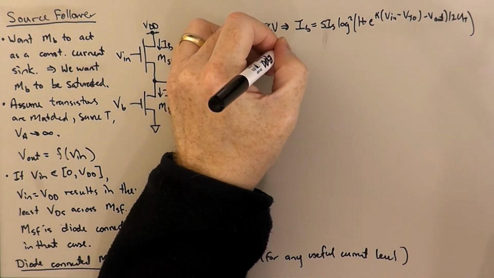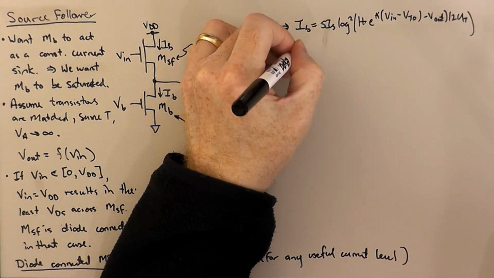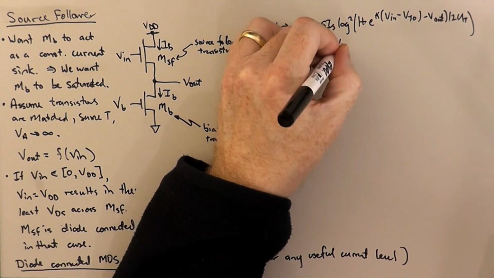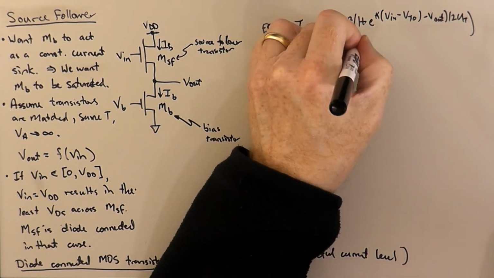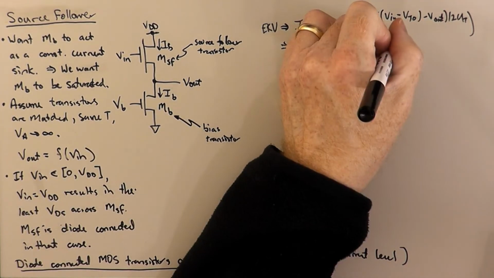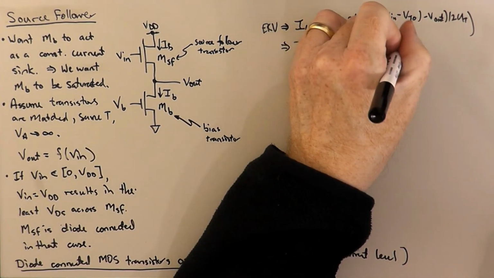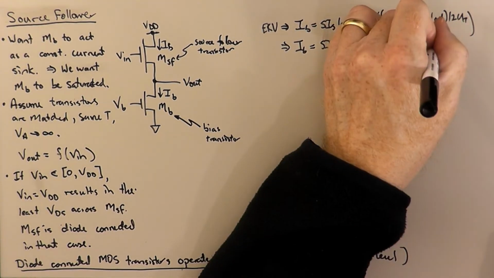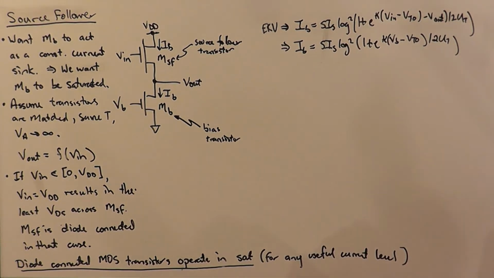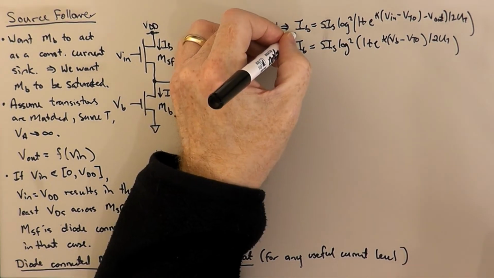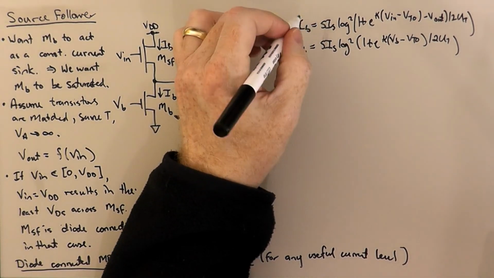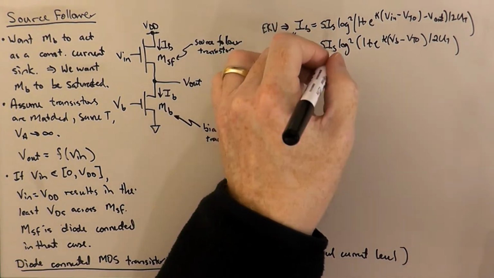And also for the bias transistor, IB is equal to SIS times the log squared of 1 plus e to the kappa, well, in this case it's VB minus VT0 over 2UT. The source voltage is at ground. And so these are equal to each other, and we can equate the right-hand sides.